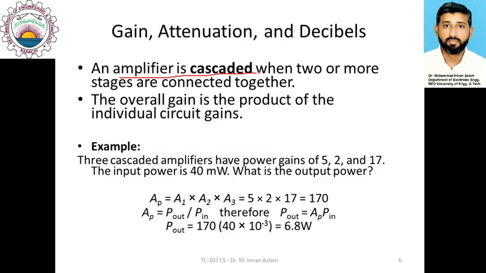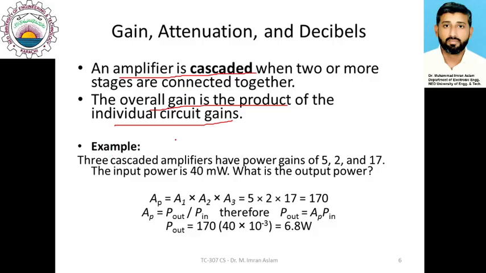In that case, each amplifier is considered to be in cascade. So the overall gain would be equal to the product of individual circuit gains, because we are working with a number of cascaded amplifiers. If you have more than one amplifier, you can use their individual gains to calculate the overall gain by simple multiplication.